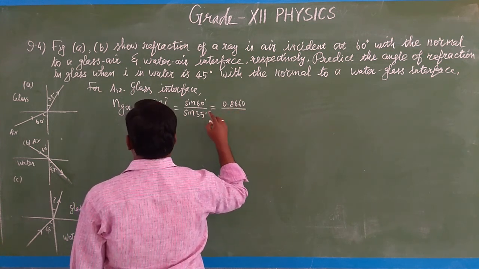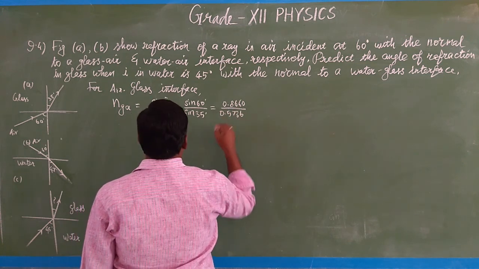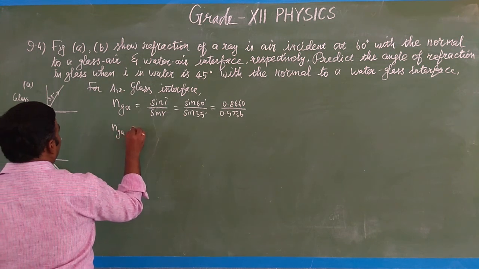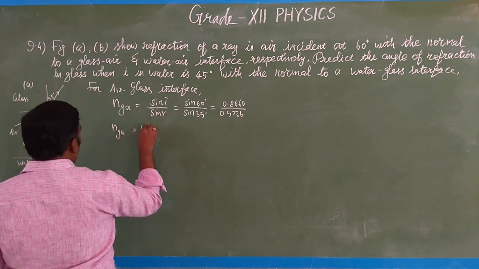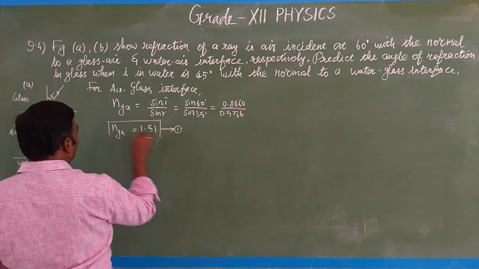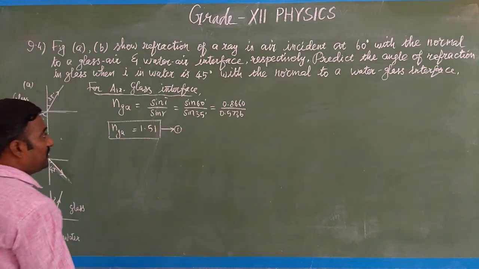Similarly, sin 35 degree from the log is 0.5736. By taking the ratio, the refractive index of glass with respect to air is equal to 1.51. This is equation number 1.